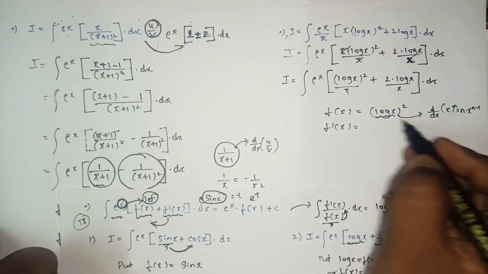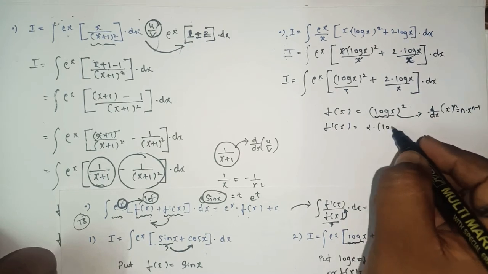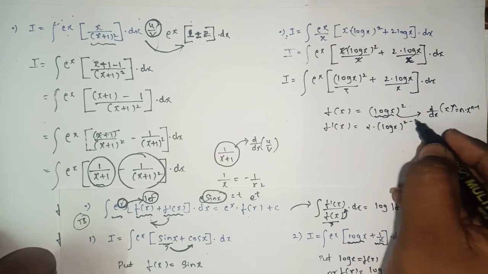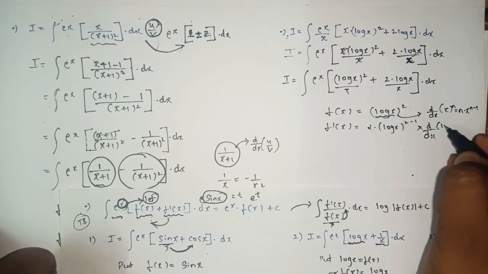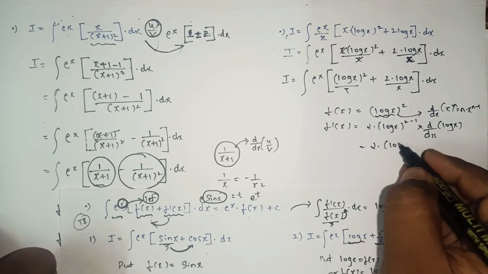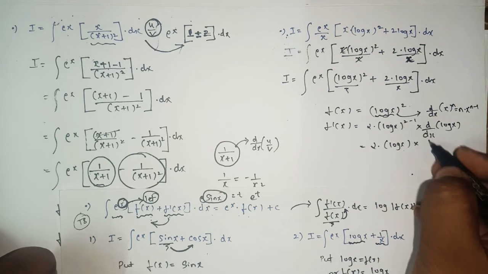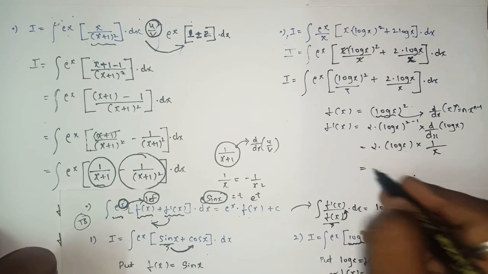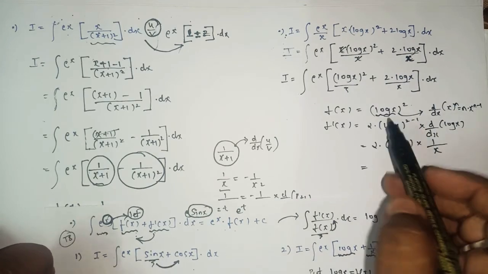So first we'll apply the x raised to n formula: 2 into log x raised to 2 minus 1. But here x is replaced by log x, so we have to apply the chain rule also. So 2 into log x, 2 minus 1 is 1, and the derivative of log x is 1 by x. Yes or no? So you must know at least the basic derivatives and the chain rule.